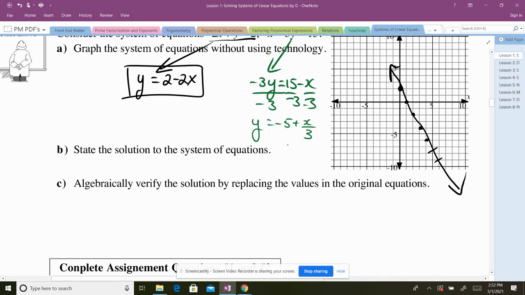So what is my slope and y-intercept for the green one here? What's my slope? 1 over 3, because it's the number in front of the x, so it's 1 over 3. And the y-intercept is negative 5. So negative 5. We go up 1 over 3. Boom, there's my intersection. Draw a line.